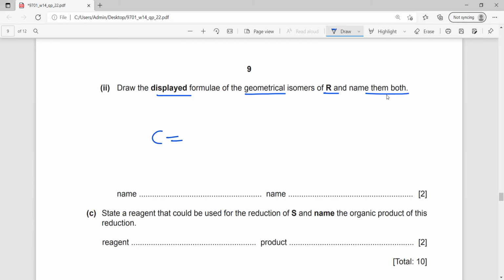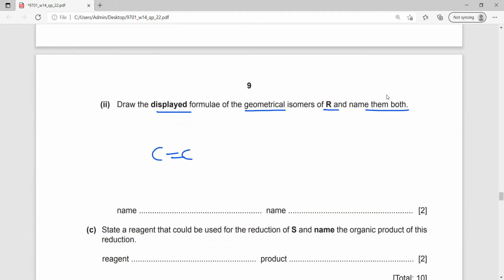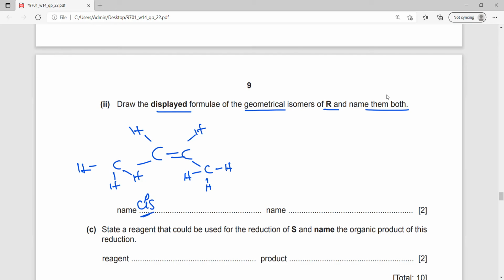Let's move on. Draw the displayed formulae of the geometrical isomers of R and name them both. So R, if I recall correctly, was butene, right? First I'll draw the cis. You have to write which form it is of the geometric isomer.